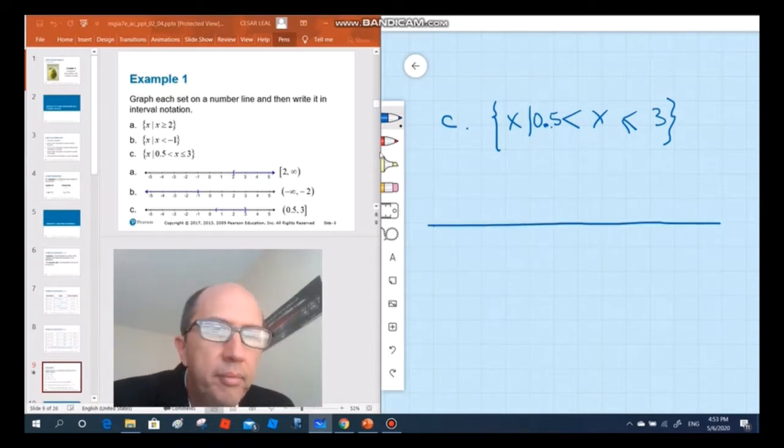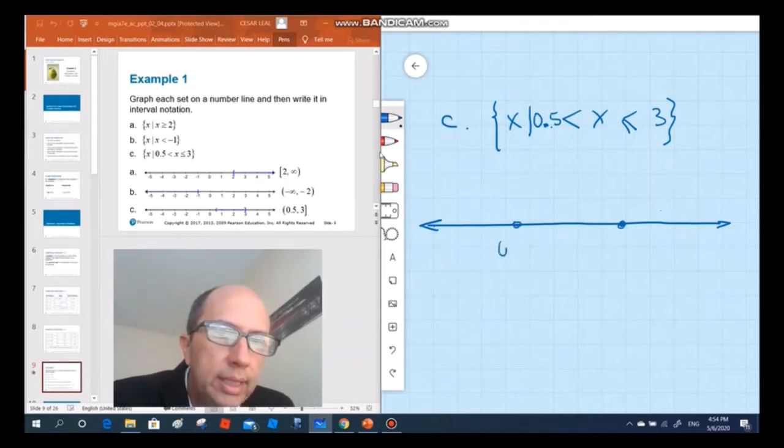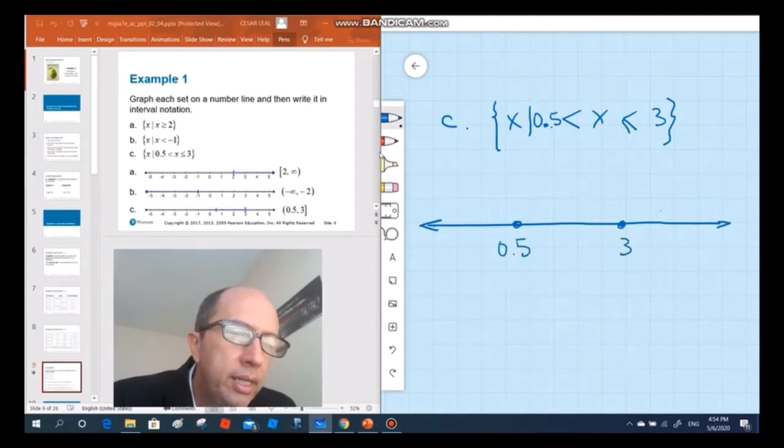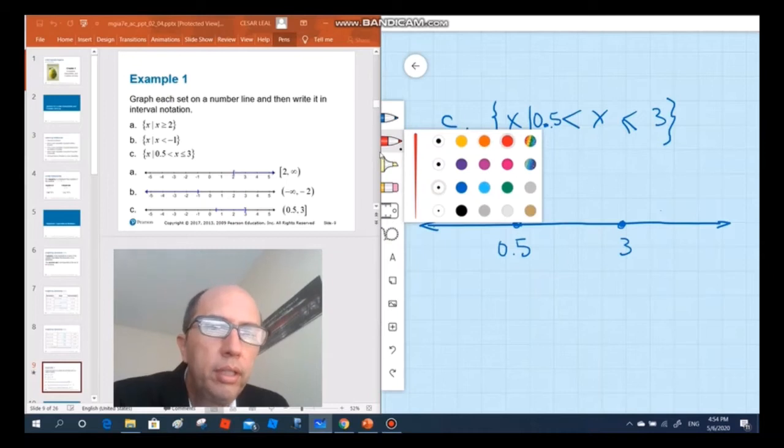Draw the line, and the line goes to negative infinity this side, positive infinity the other side. Now we have an interval, draw 2 points: the lower number in the interval, the greater number in the interval. Is 0.5 included in the solution?